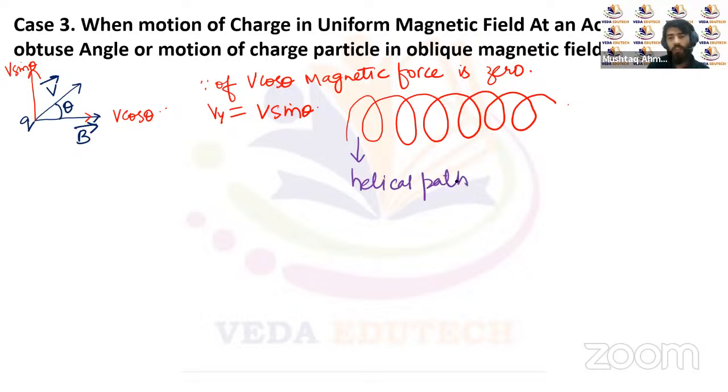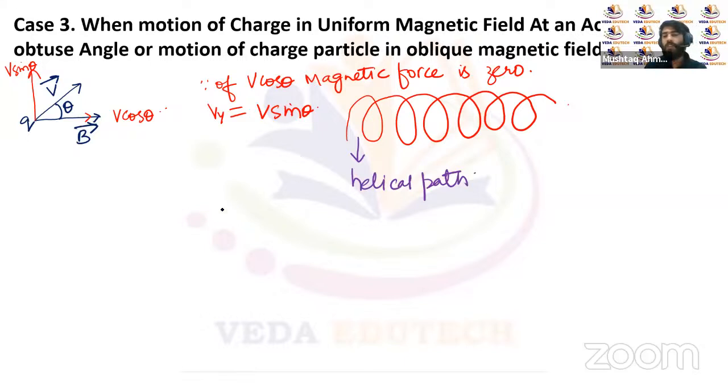Why does it move along a helical path? Because the v sin theta component tries to move it in a circular path, but the v cos theta component drags this charged particle along the horizontal direction. So it will not move in a circular path, it will move in a helical path.